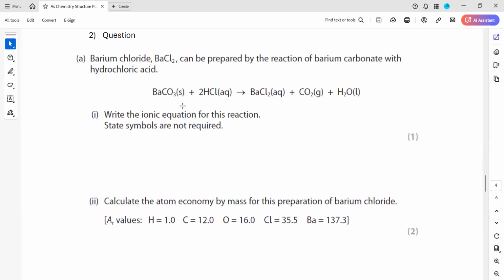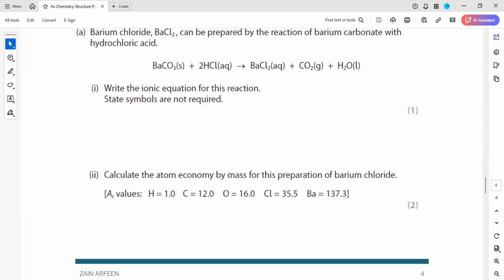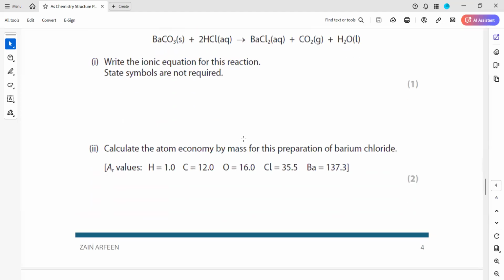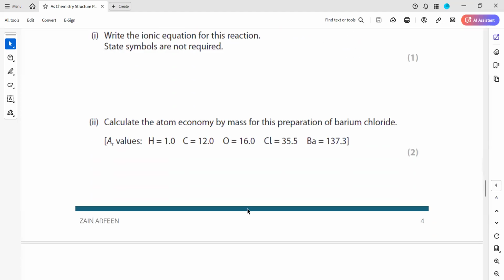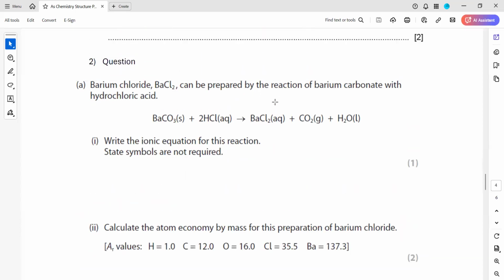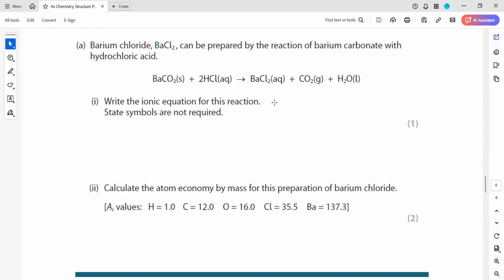Question 2, part A, 1 and 2, any doubt? Does forming an acidic or alkaline solution tell us anything about the bonding of a salt? Yes, it does tell about the nature of a salt if it's forming an acidic or alkaline solution, especially the chlorides.